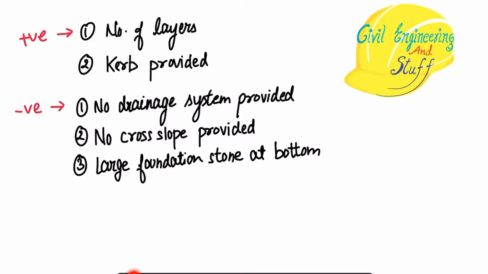Talking about the positive aspects of the Roman roads, the first positive thing was that this was the first pattern of construction in which the construction was done in layers. The bottom layer had large foundation stones, above that lime mortar, and above that again big stones at the top surface.